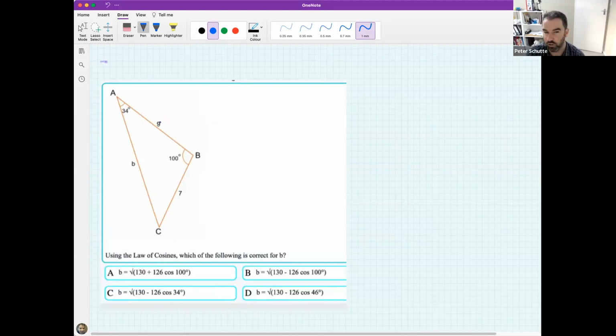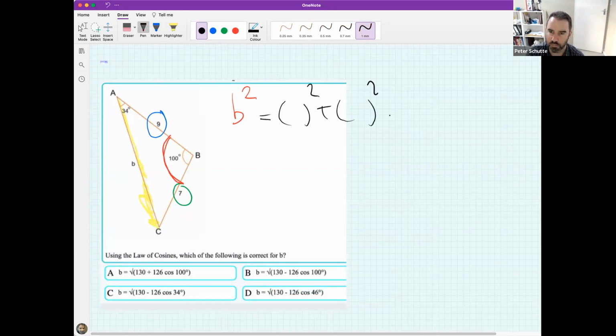But basically we're going to use the cos rule here because we have 2 sides and the included angle between those sides. And the way the cos rule works is that b squared, the other side that we haven't involved so far, which is this bit over here, b squared is going to be equal to this squared plus this squared.